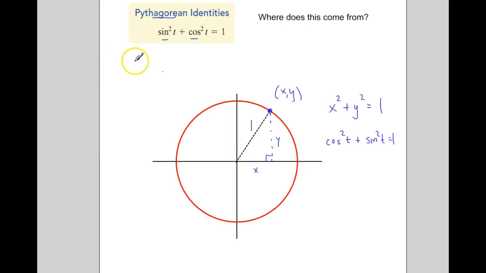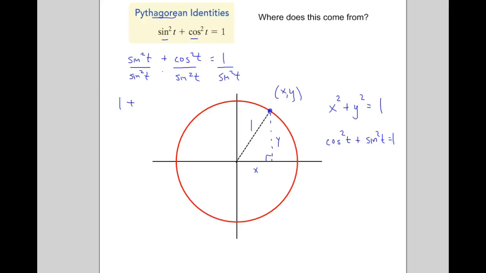Right, now from that, if I take sine squared t plus cosine squared t and I divide this whole entire thing through by sine squared t, I'm just dividing the left and right side by the same thing, I end up with 1 plus cosine divided by sine.